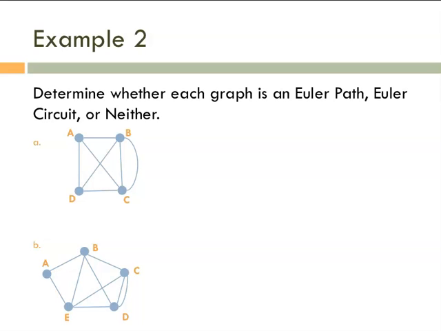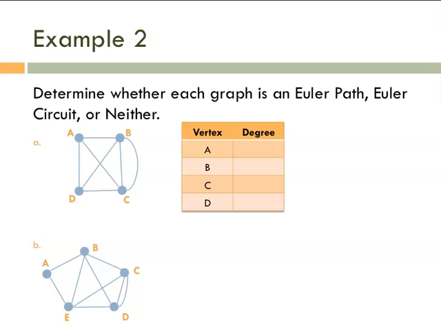For this first one, let's draw ourselves a chart. We're going to list off all 4 vertices and fill out what the degree is. Vertex A has degree 3. As a reminder, to figure out the degree, you're looking at how many edges are coming into that vertex. So that's 3. Then vertex B, 1, 2, 3, 4.